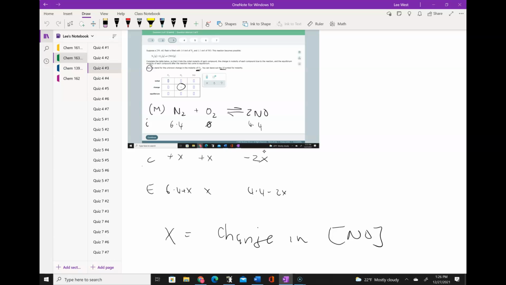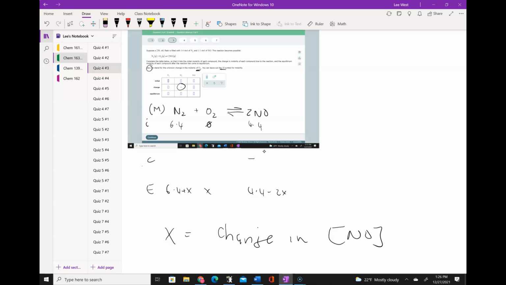So it would end up having to look different, right? This would go up by half an X. This would go up by half an X. And then this would go down by X. So you have to be clear about what they are letting X stand for. Now, I don't do fractional X's, but Alex will do that. And so they just want you to understand how the mole ratios work.